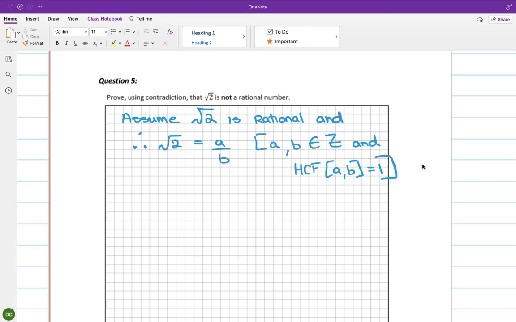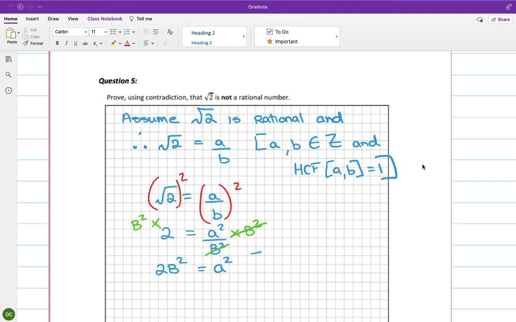So we take the square root of 2 equals a over b, and we square both sides. So that gives us 2 equals a squared over b squared. I'm going to multiply across by b squared to cancel this out. So I get 2b squared equals a squared.